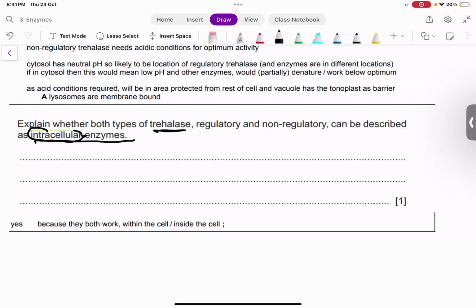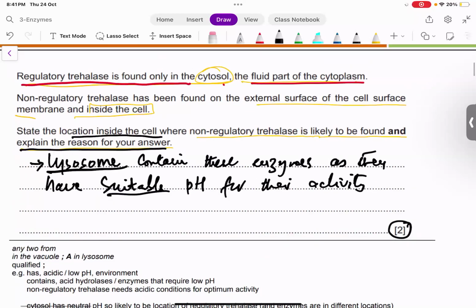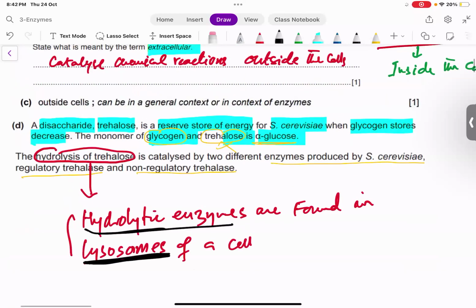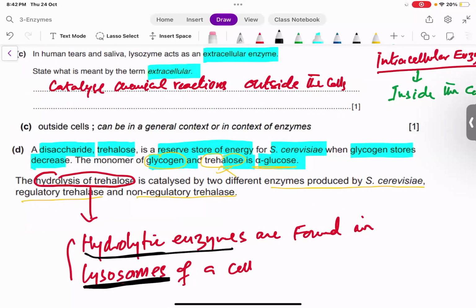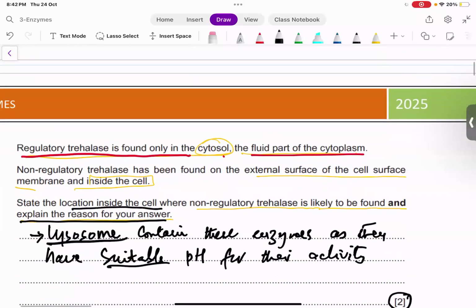Intracellular enzymes are those which work inside the cell. One type is found in lysosomes, obviously this is intracellular, but this question describes that the other kind is present on the inner surface.